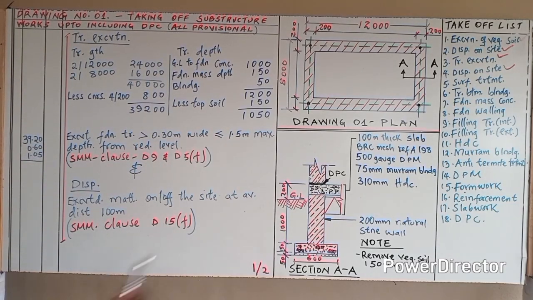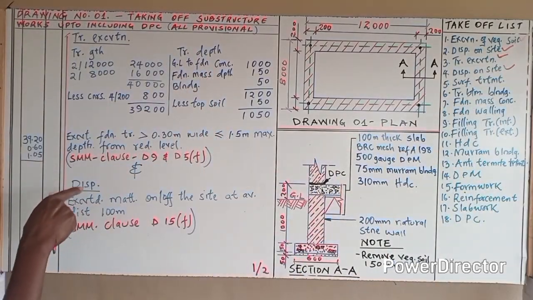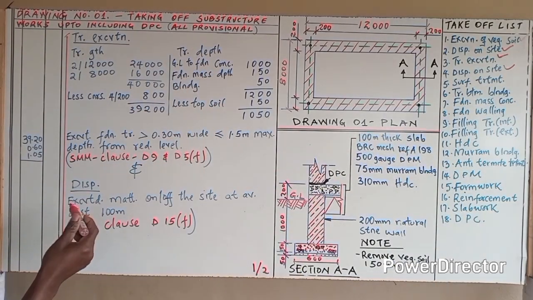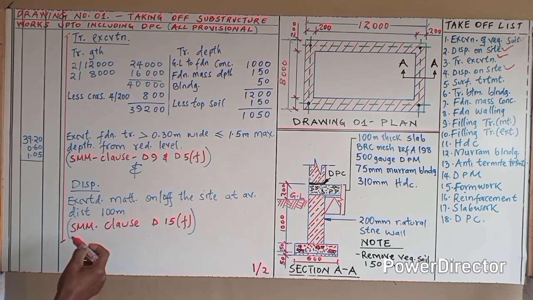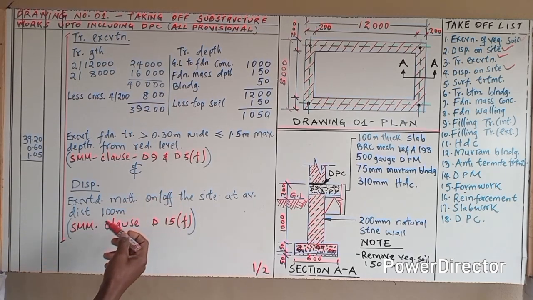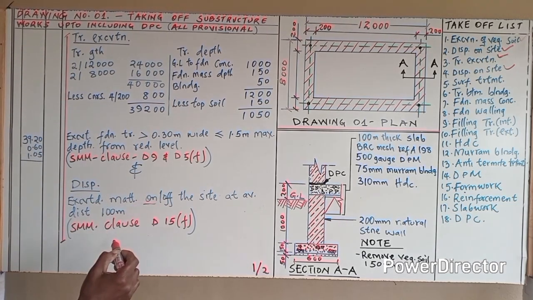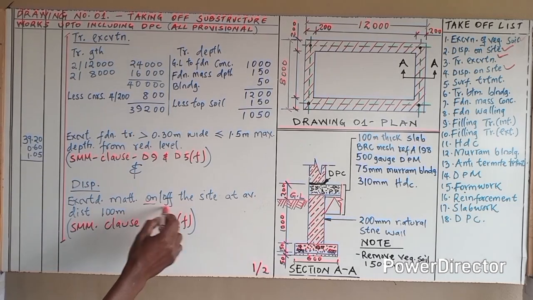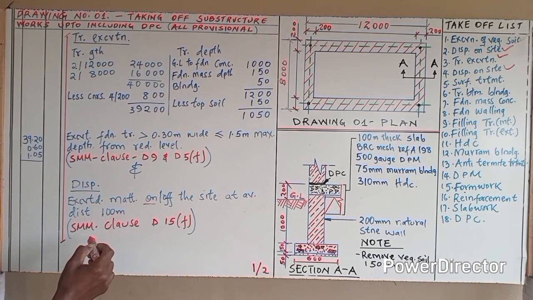And we are going to combine heading 3 and heading 4 in that disposal of this excavated material on or off the site at average distance of 100 meters. And SMM clause D15F explains this. In that, after excavating this, you might as well dispose them on the site if you intend to use them again in backfilling, or off site if you don't need them, at average distance of 100 meters from the site.